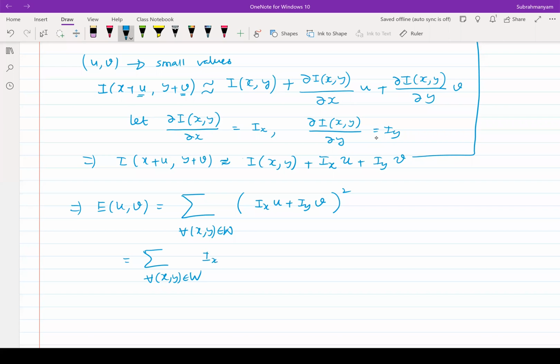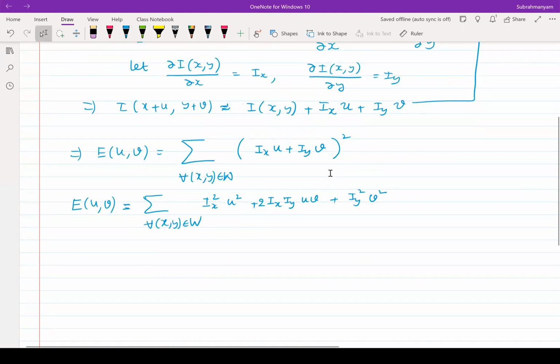That gives me I_x square times u square plus 2 times I_x I_y into u comma v plus I_y square into v square, right? So this is what E of u comma v is approximately equal to; for convenience I'm writing it as equal. What is the nature of this expression?